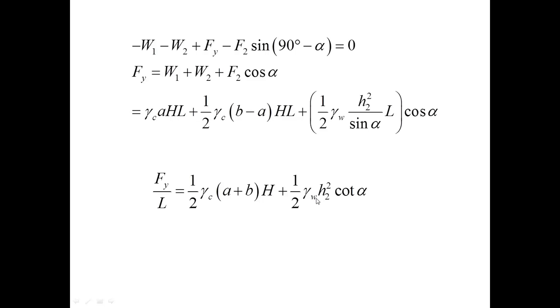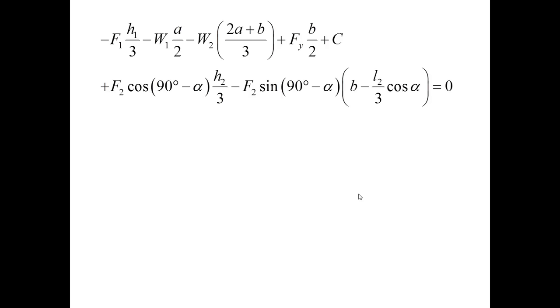The second term is the weight of a small triangle overhanging the dam in the downstream. Of course, this term would be equal to 0 if alpha is equal to 90 degrees, simply because the overhanging triangle disappears when alpha is equal to 90 degrees.